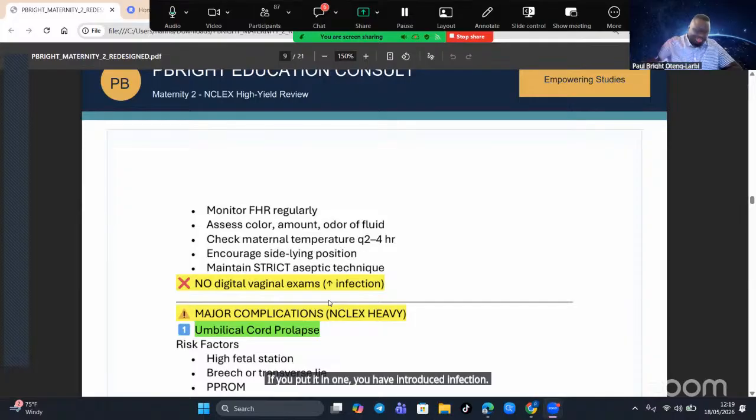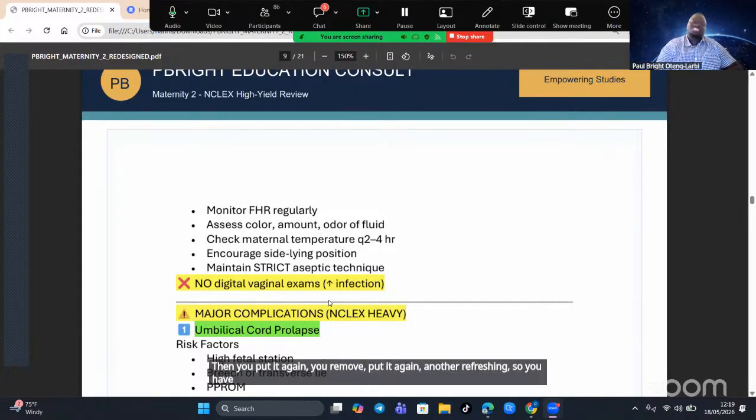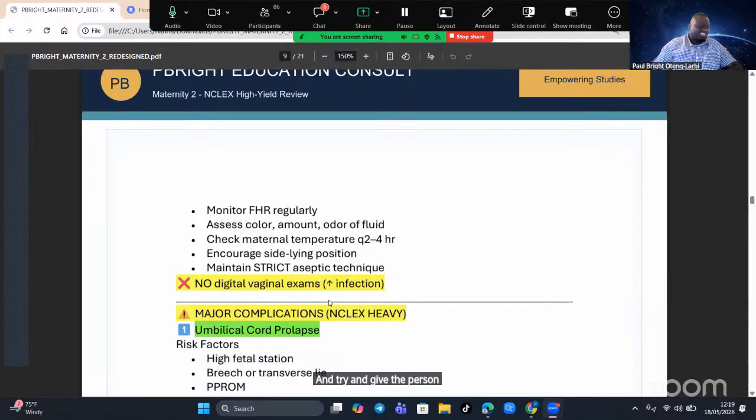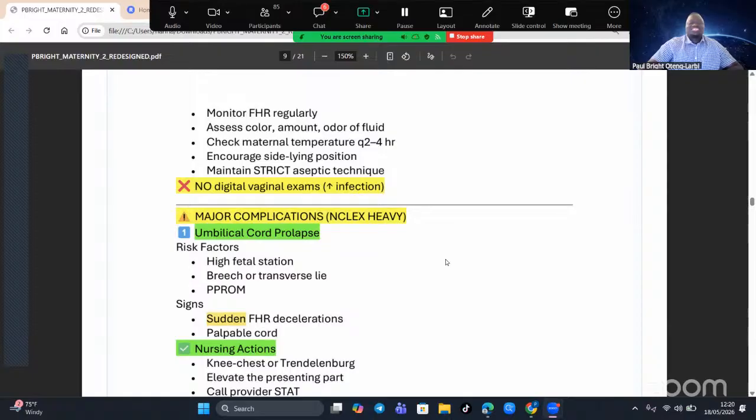Then you put it again, you remove, put it again, another infection. So you have introduced 2 infections. And give the person 2 weeks, they will come back with infections, especially the old people. So the pregnant woman, you do VE, you've introduced infection. Then you do VE anyhow. Okay, you are causing trouble.